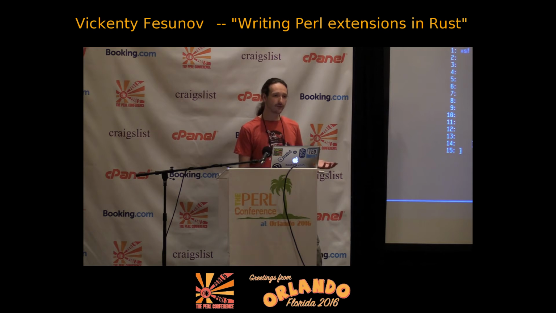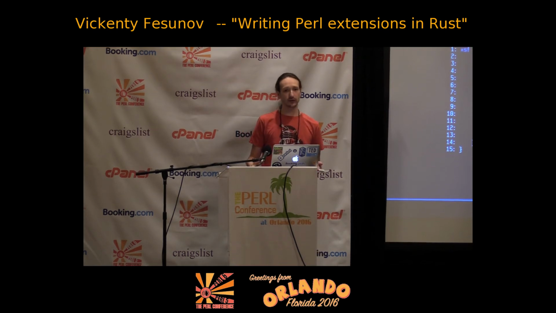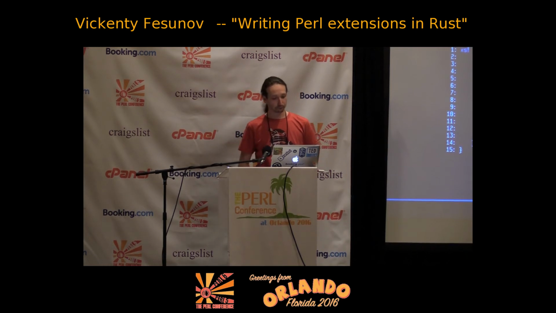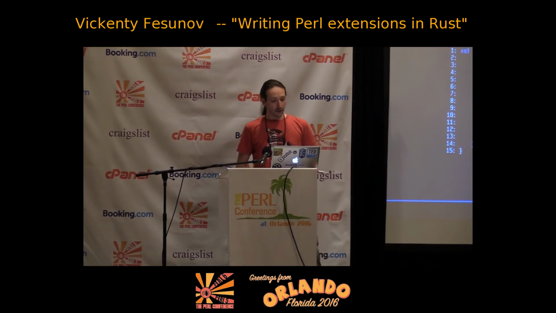Now, the AV fetch function in C can also return a null pointer. So array fetch in Rust returns an Option as well. Here, we just check explicitly if it's defined. So this if statement can be read as: if defined, my item equals something. Then we just add it to the accumulator.